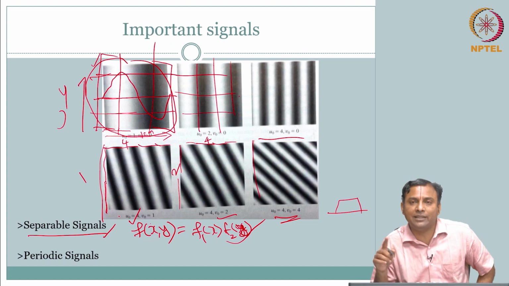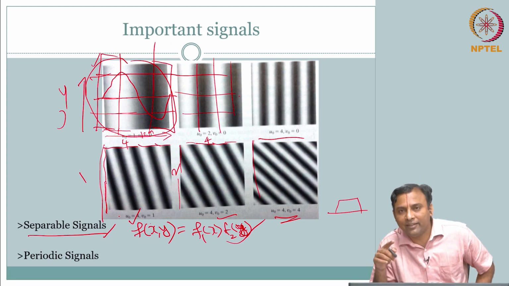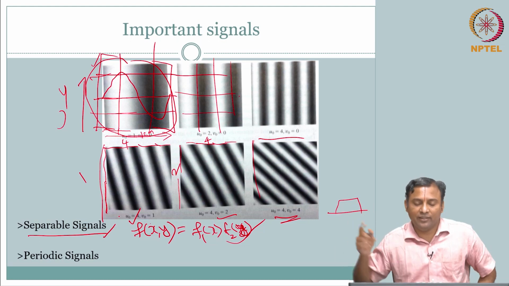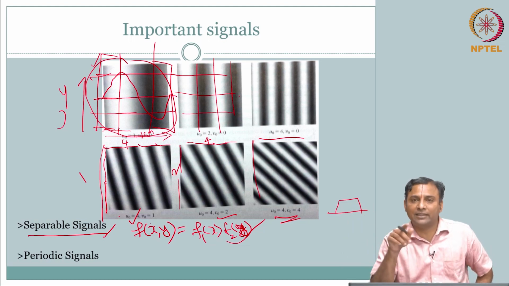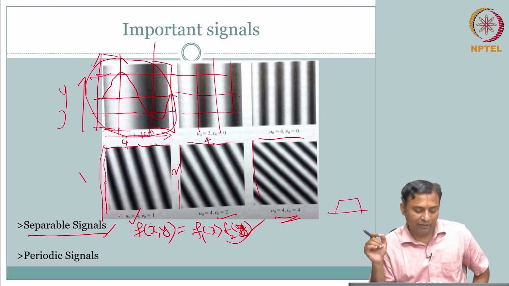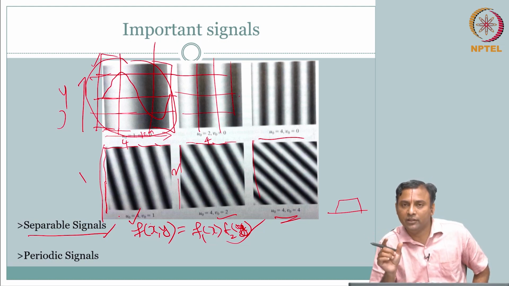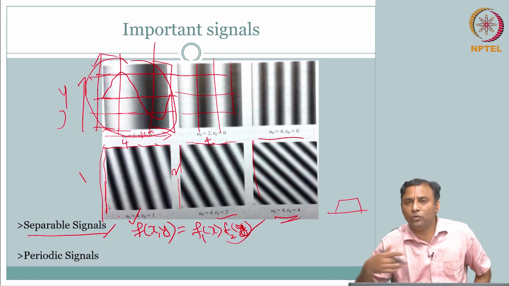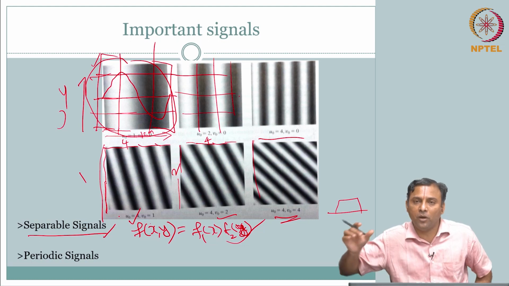If the time period is capital T, then f of t is the same as f of t plus capital T, or n capital T. The fundamental period is capital T, so it repeats every time. If you know the signal within one time period, then you know it for infinity, because you know how it repeats.